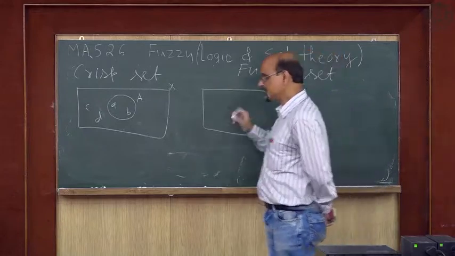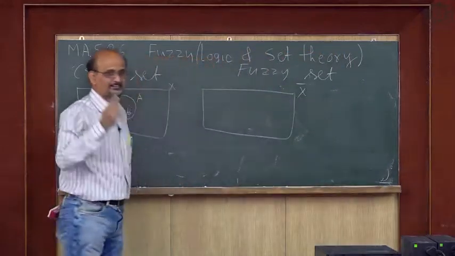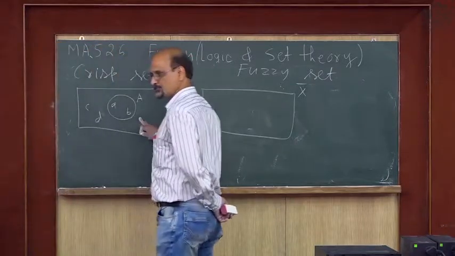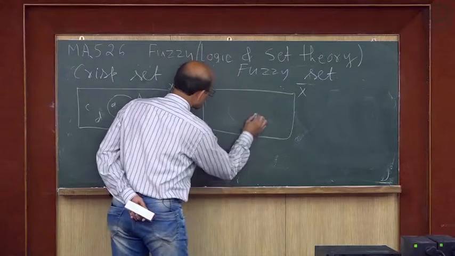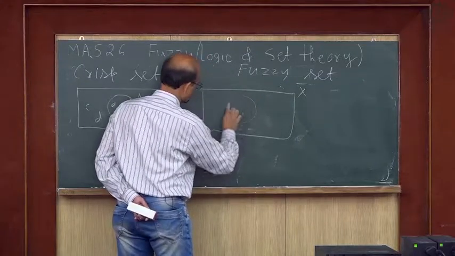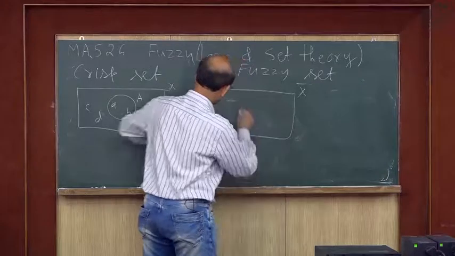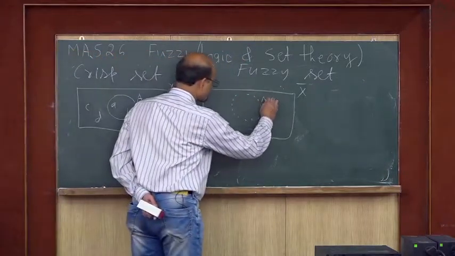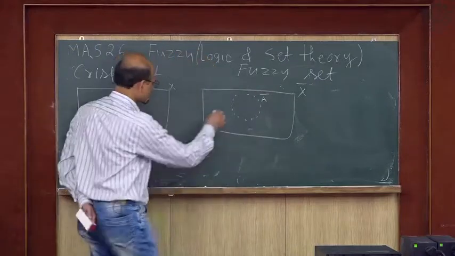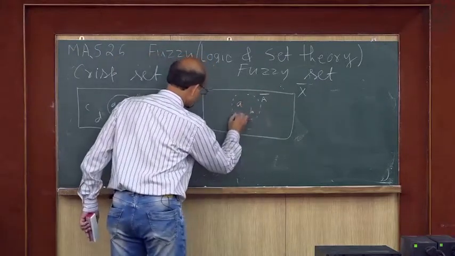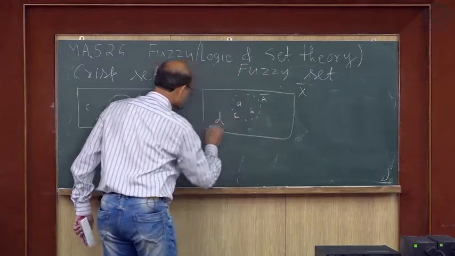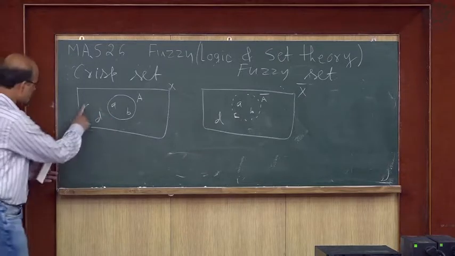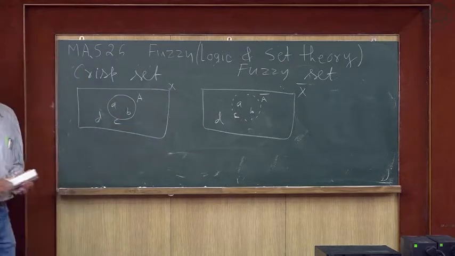Here the fuzzy set, I told that its boundary is vague. I cannot define a boundary like this. So, I will give it by dots. Okay. And this is your A bar fuzzy set, and suppose we have A here, B here and C here, D here. Okay, I can have C here, no problem, near to this.